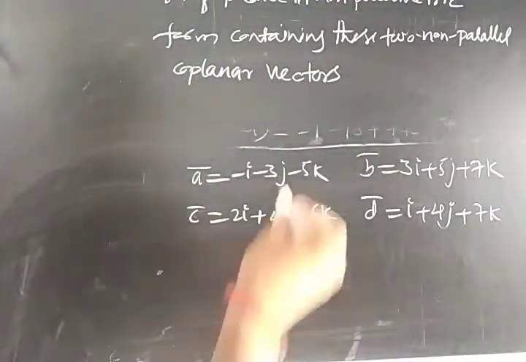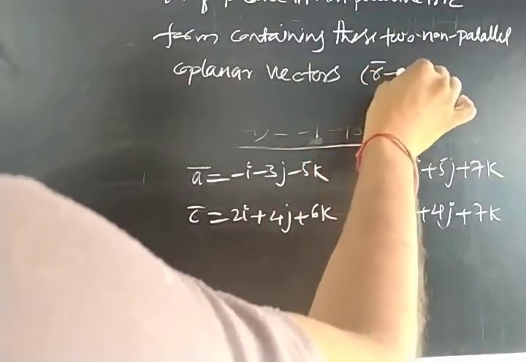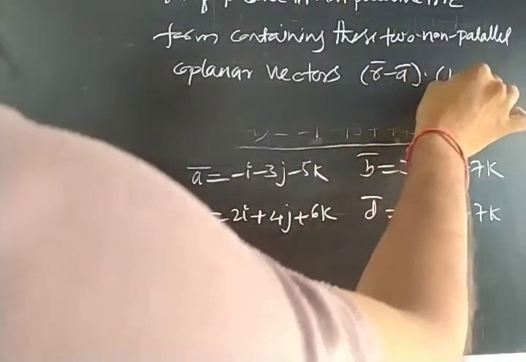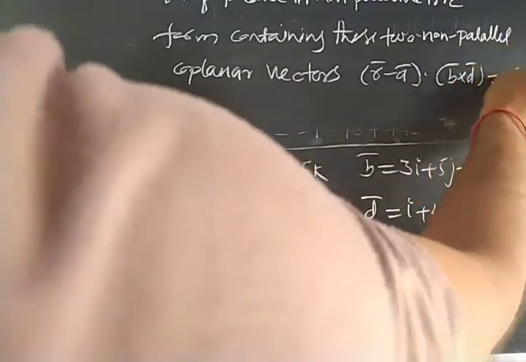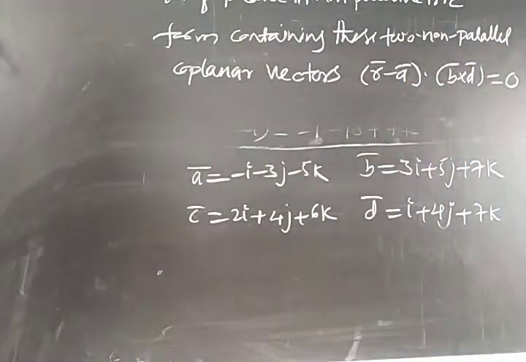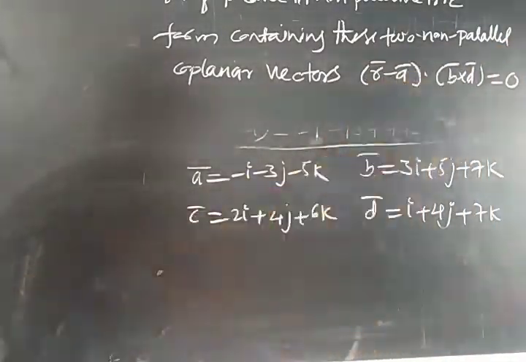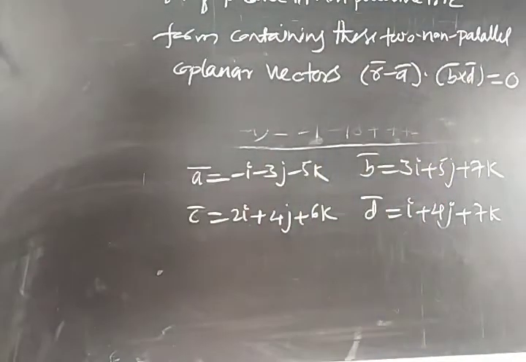What is the formula? R bar minus a bar dot b bar cross d bar is equal to 0. Here you can take c bar also, no problem. R bar minus a bar, or you can write r bar minus c bar, dot b bar cross d bar.